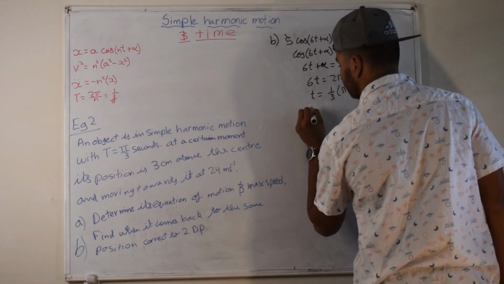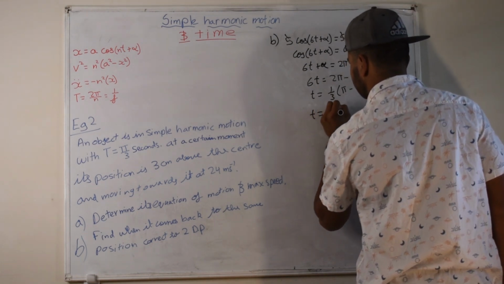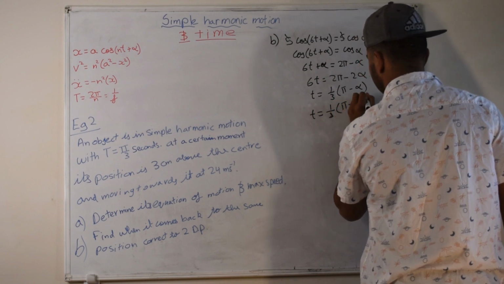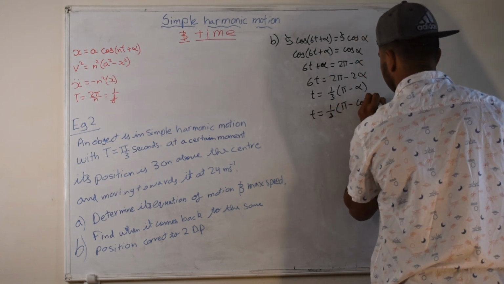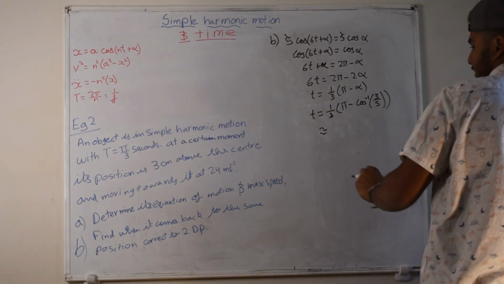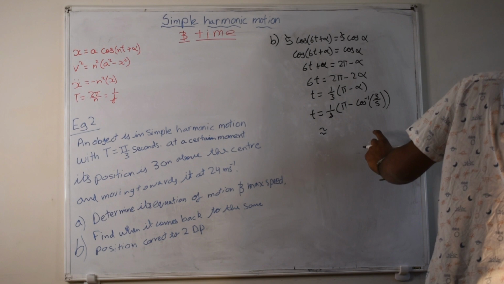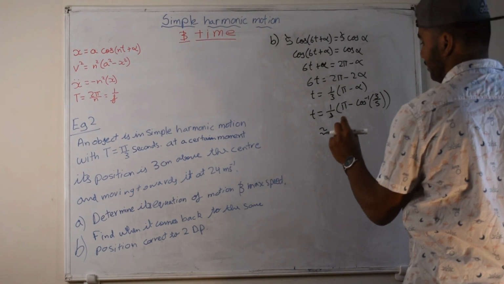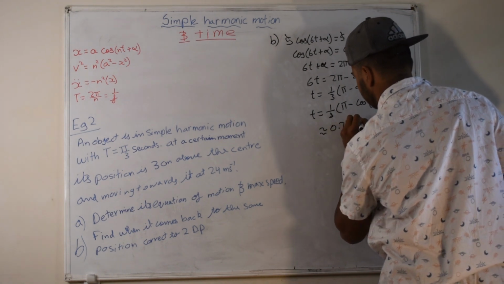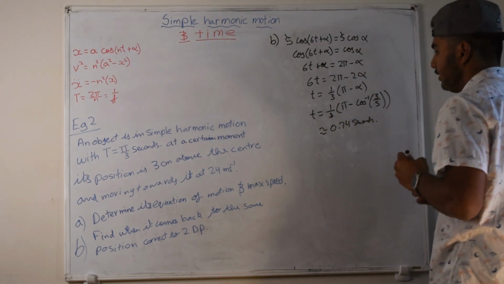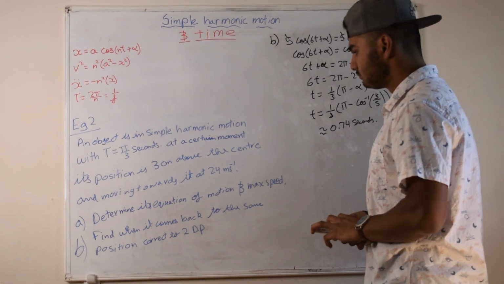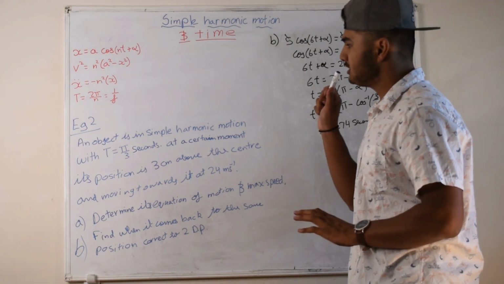Let's just sub it in. t equals 1 upon 3 times (pi minus cos inverse of 3 on 5). Figured out, which I believe is 0.74 seconds. So little different sort of question, but yeah, that is how you do example 2.